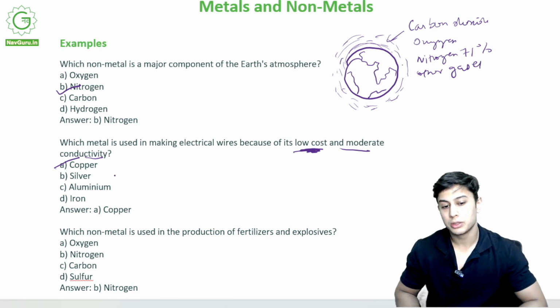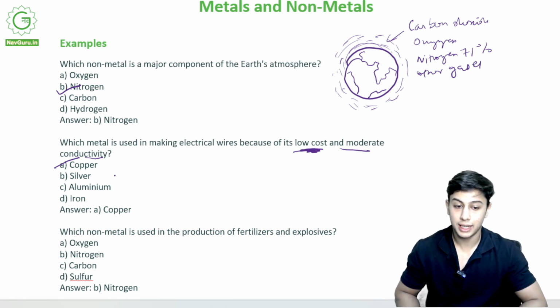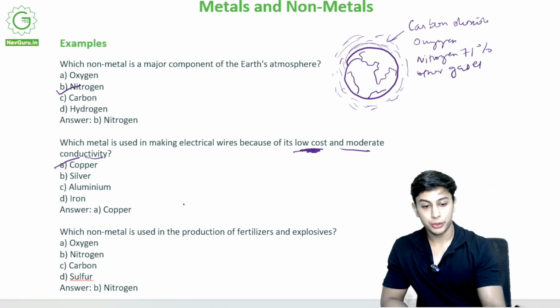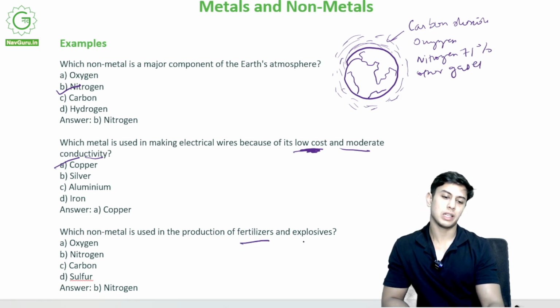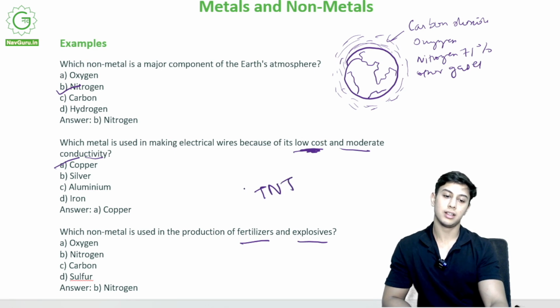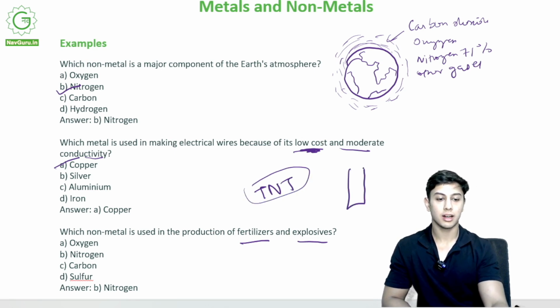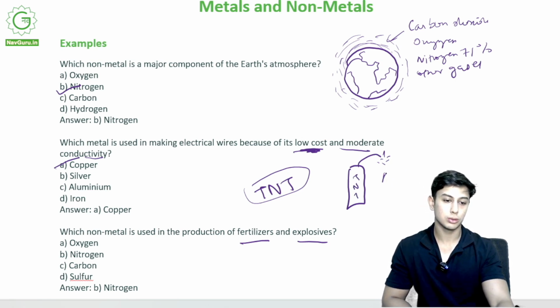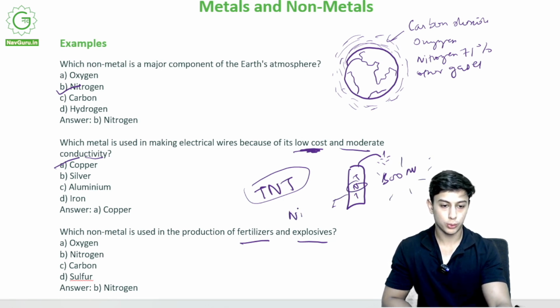Which non-metal is used in production of fertilizers and explosives? Now you might get confused, fertilizers as well, explosives as well. Have you heard of TNT? Dynamite. This goes boom. What is N for? Nitro.